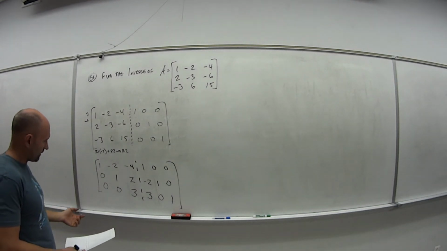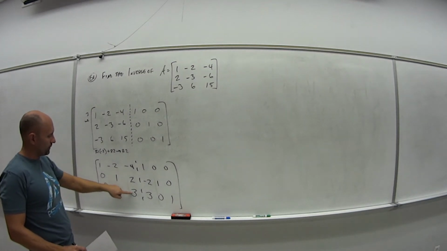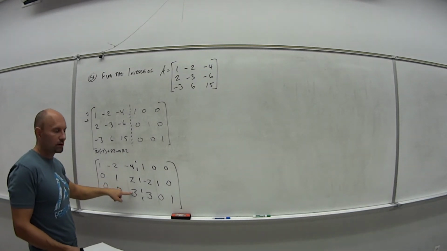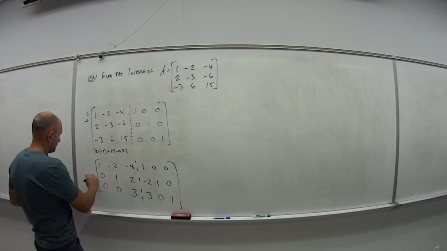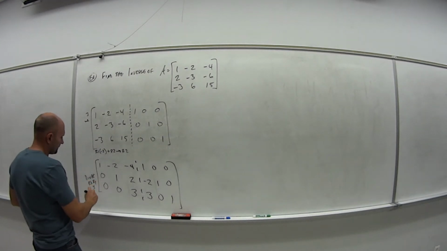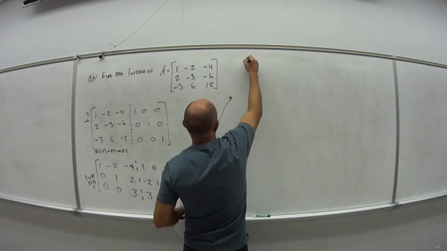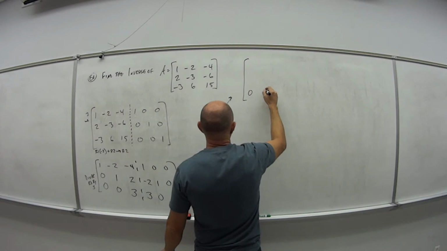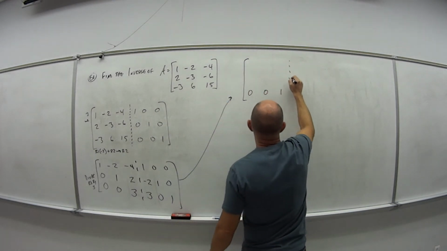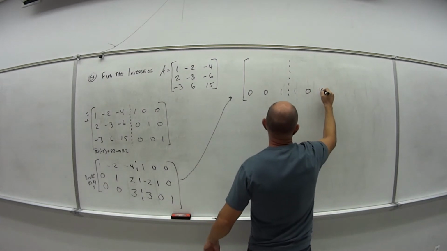All right, now that we have that, I have the 2 zeros here. That worked nicely for us, but I need a 1 down here. So what can I do? Well, I can divide row 3 by 3. So if I do that, so let's come up over here. If I divide row 3 by 3, I get what? 0, 0, 1, 1, 0, and 1/3.